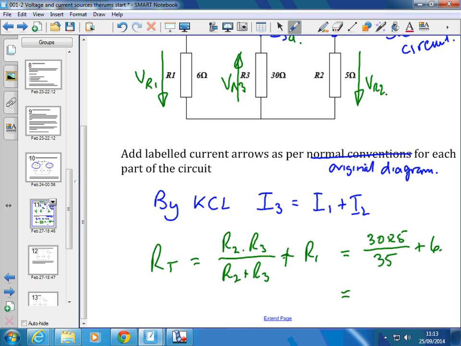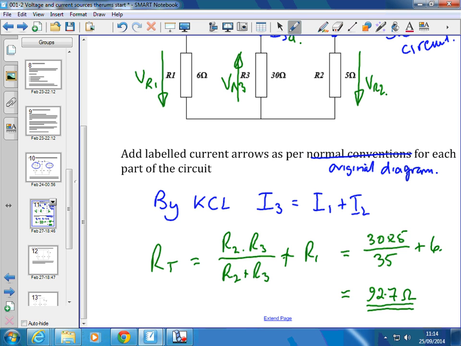What do we get, boys? 92.7. Let's say 92.7 ohms. Yeah.